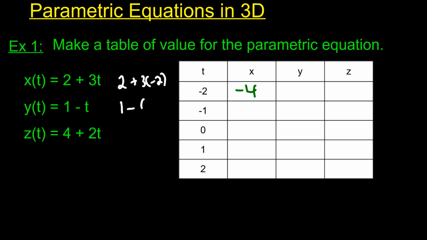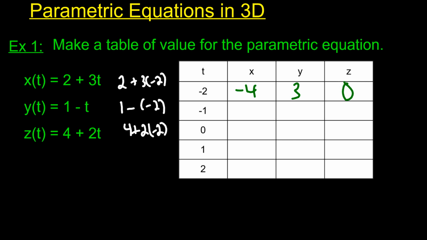We get 1 minus -2, and 1 minus -2 is, excuse me, wrong box. This is the y value, so that would be 3. All right, back to this. 4 plus 2 times -2. Well, 2 times -2 is -4, and 4 plus -4 is 0. So we've got our first ordered triple in 3 dimensions. It would be -4, 3, 0.